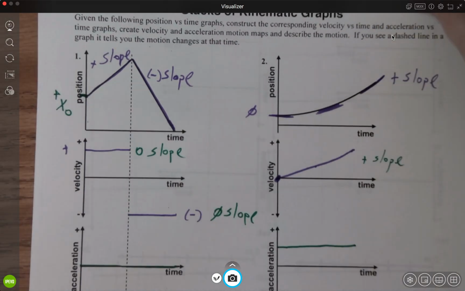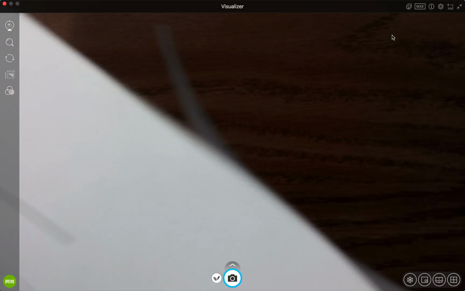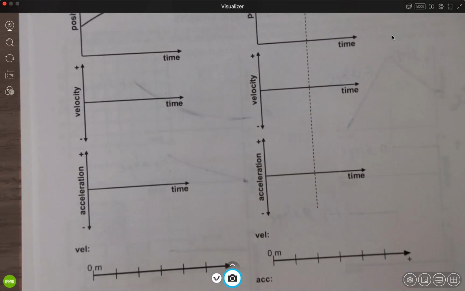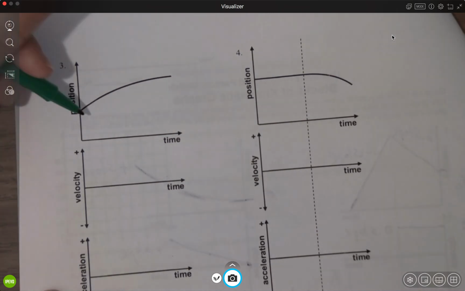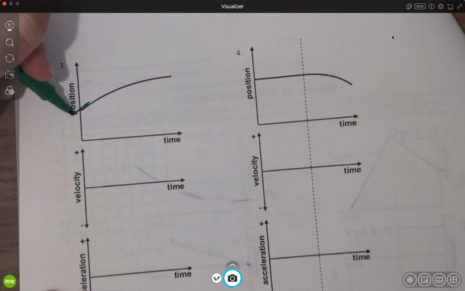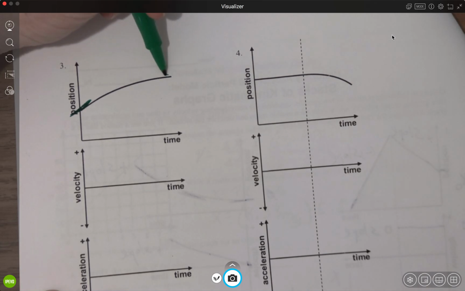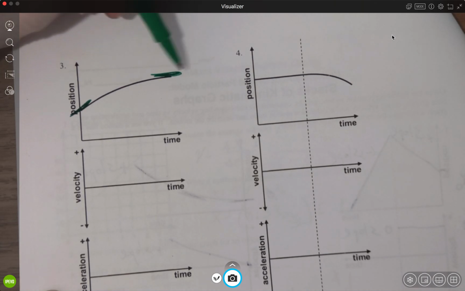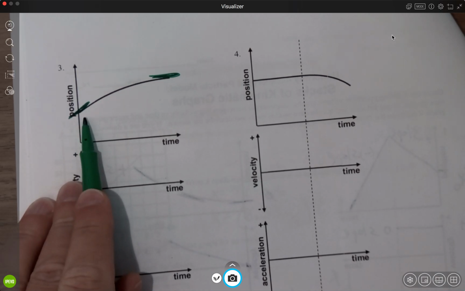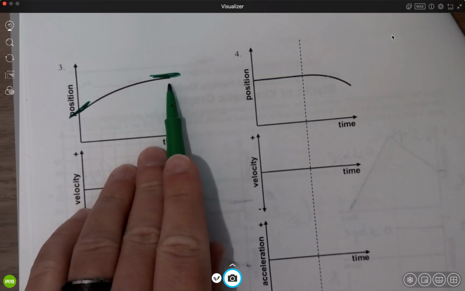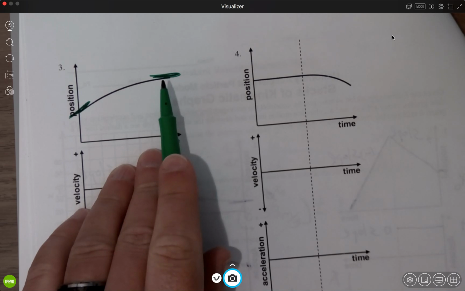As you continue, you get to our page 15. Now you're starting with an object that starts here with a positive slope, and it goes to a 0 slope. Since it starts off positive, you are going to have a positive velocity to start and then a 0 velocity, so it's going to go from high to stopping.